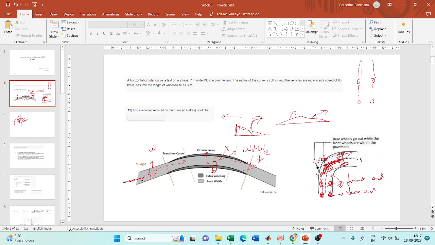But the body is rigid, so this outer wheel is thrown outside. In order to accommodate this, the width of the roadway is increased. This widening is called mechanical widening.